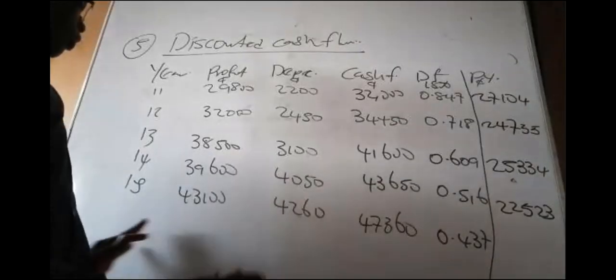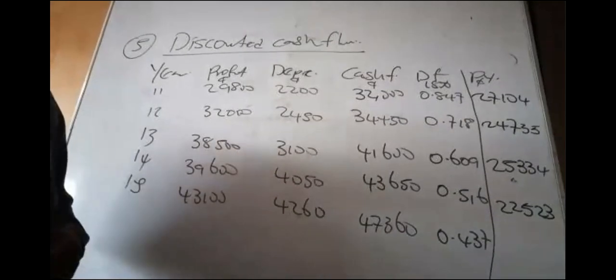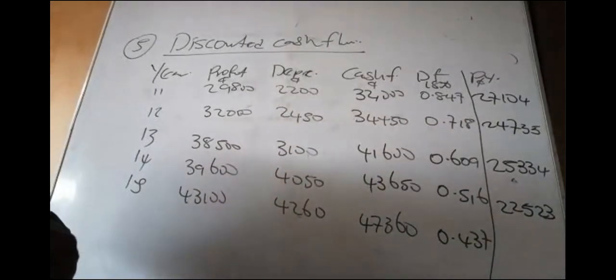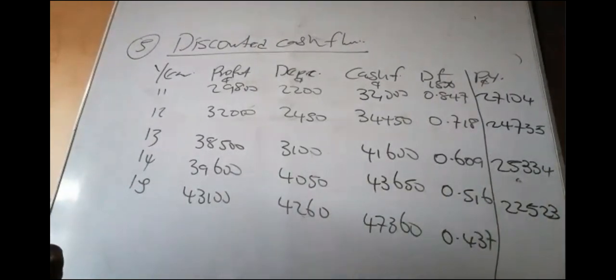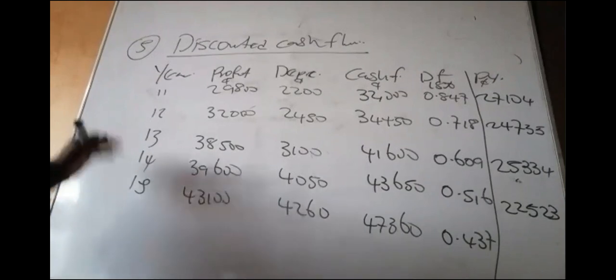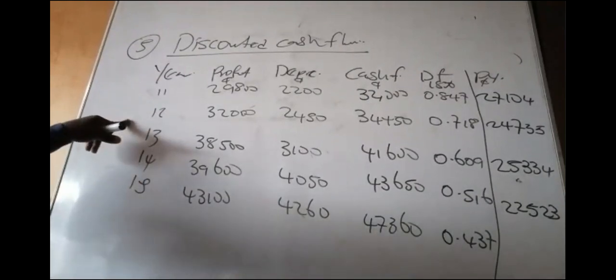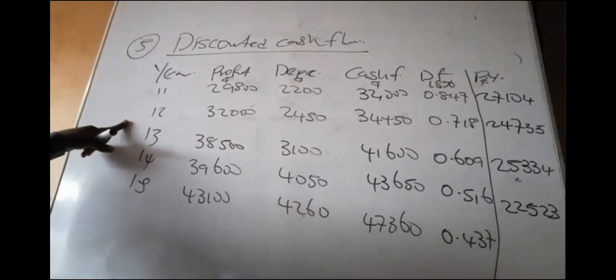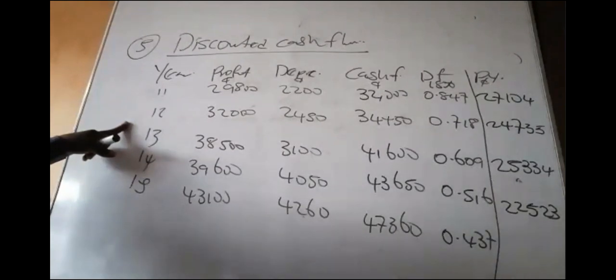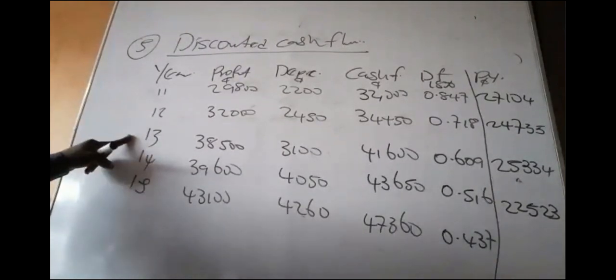So by the time I go to the last year, we have the answer there, then we are done with the game. Year five. The cash flow is 37, right? For 2012, not 41,600.